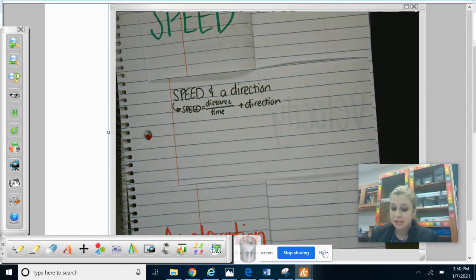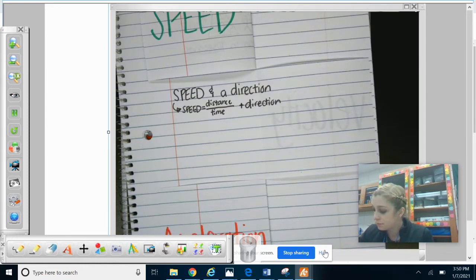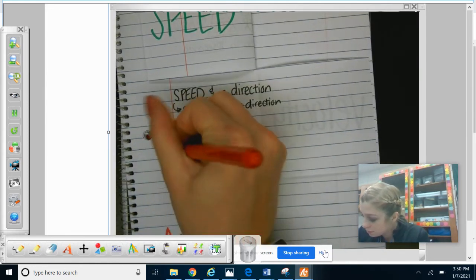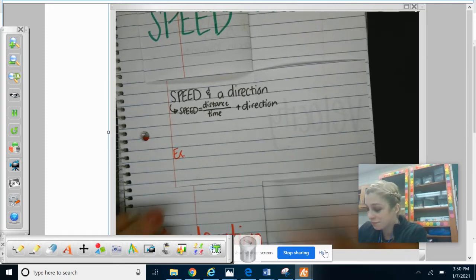So let's give ourselves a little example. All right, Bob again got a little more adventurous. He didn't just walk this time.